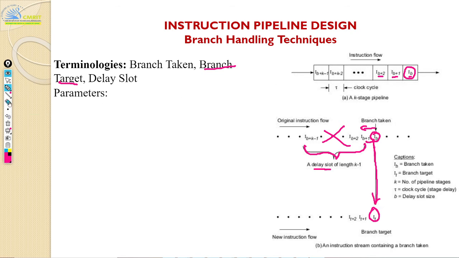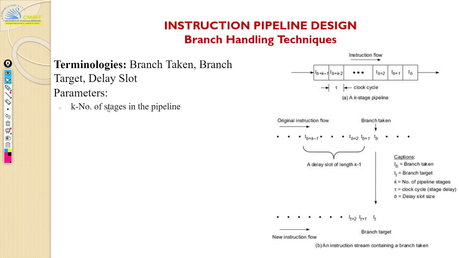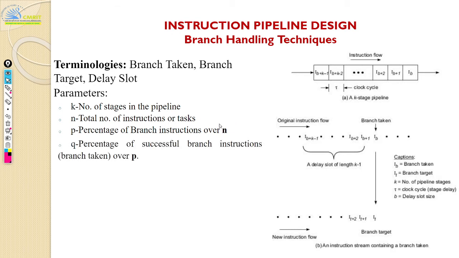Now let us look at some of the parameters. K is the number of pipeline stages and N is the total number of instructions. Let us assume that P is the percentage of branch instructions over N instructions. And Q is the percentage of successful branch instructions, so Q is the branch taken out of P. You can have many branch instructions, but not all will be taken.